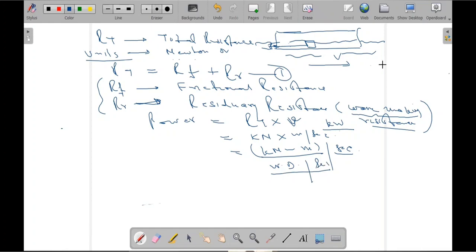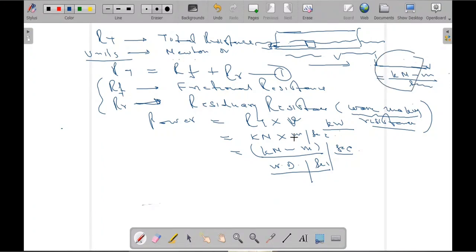For example, if I apply unit force to move it by 1 meter, I will say if 1 kilonewton force is required, I'm applying and moving the object to 1 meter. So that means 1 kilonewton meter, this is the work done, and if it is done per second, if I calculate, this will be the power. Rate of doing work is power.